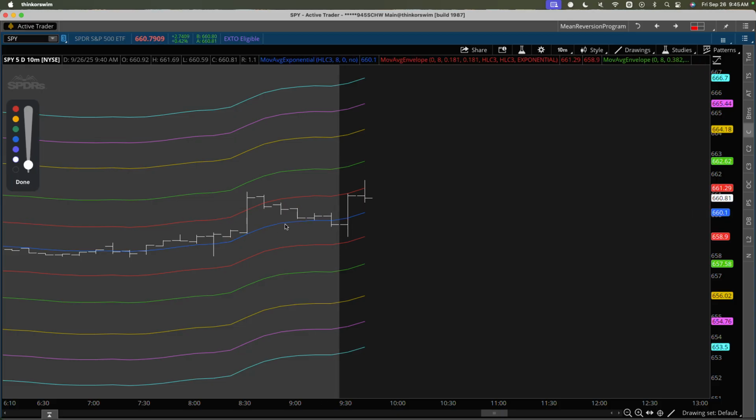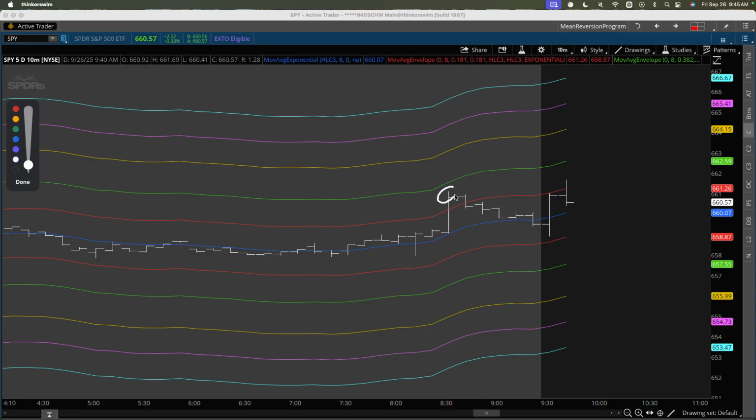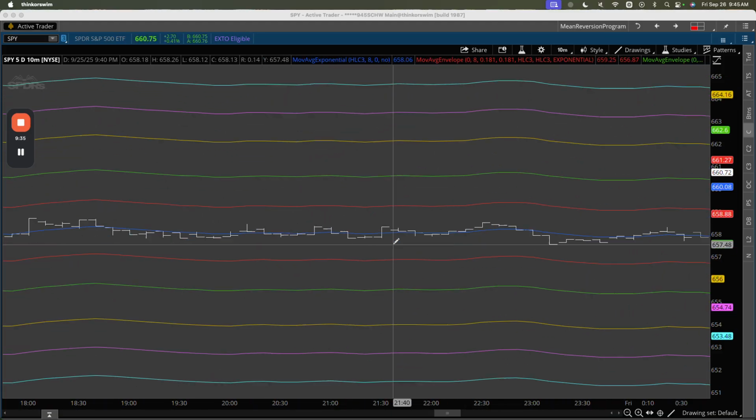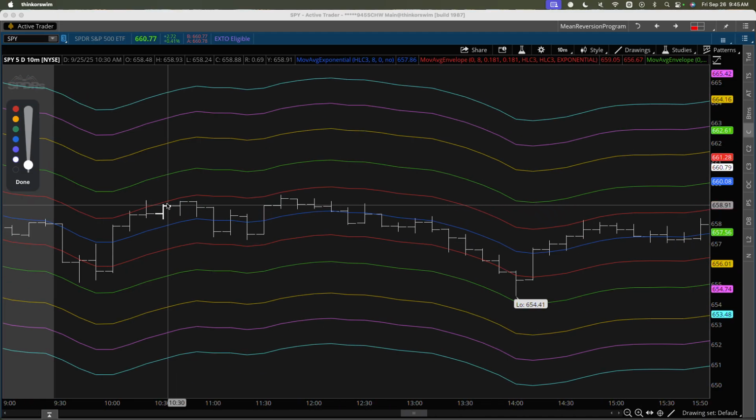But here, we just traded up to reds. Now we're testing reds. Didn't quite get down to reds here. We look at pre-market: broke reds, got close to green. Aftermarket, right? It wasn't since yesterday.